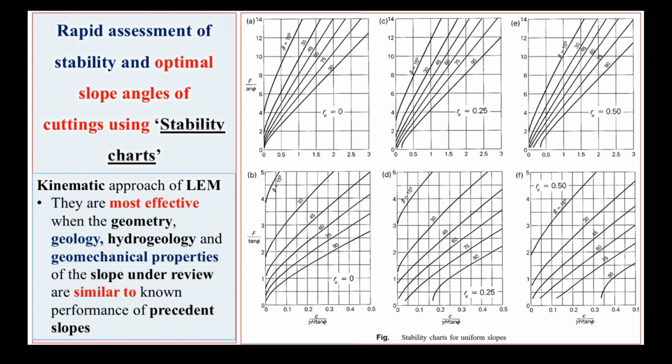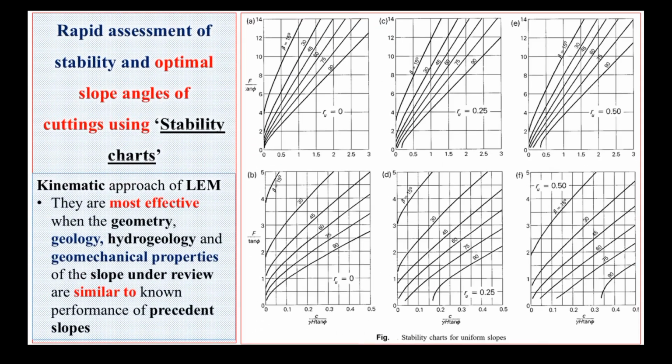However, these methods, stability charts, are also kinematic methods, an approach of limit equilibrium methods, and they require some inputs like internal friction angle, unit weight, cohesion, and so forth. And also these charts are most effective when the geometry, geology, hydrogeology, and geomechanical properties of the slope under review or under construction are similar to known performance of precedent slopes.